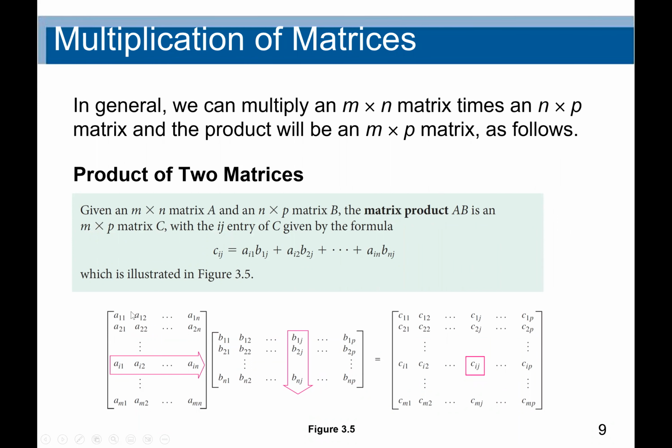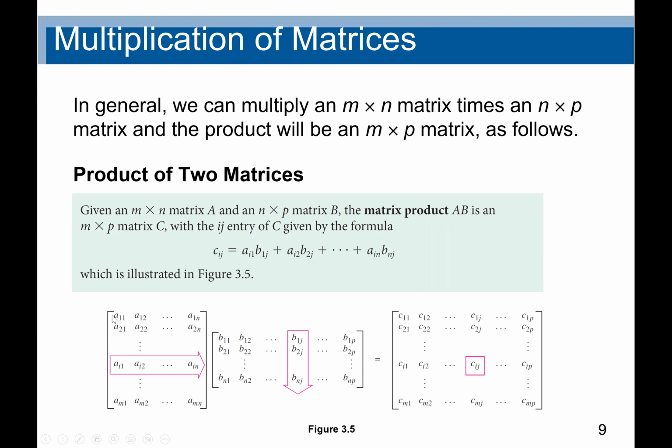So we multiply A11 by B11, then A12 by B21, A1N by BN1.